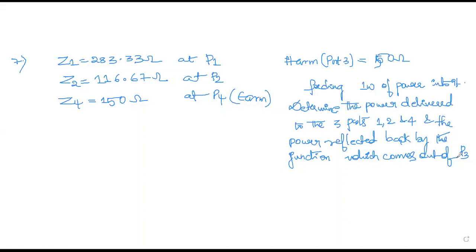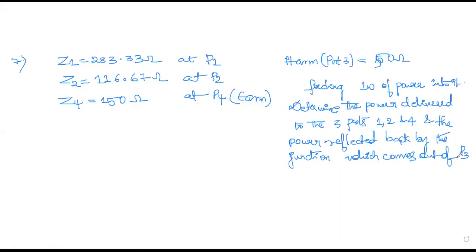The H arm, which is port 3, is connected to a 50 ohm power source feeding 1 watt of power into it.